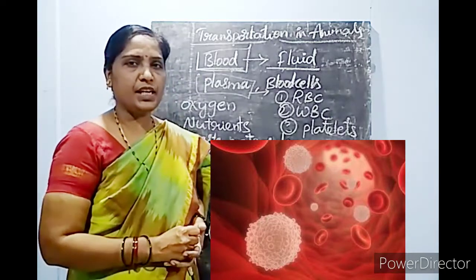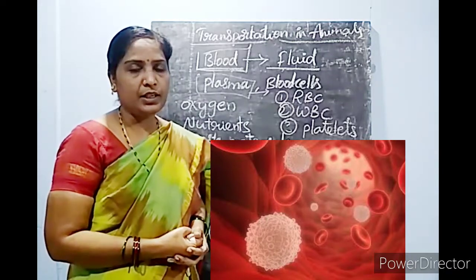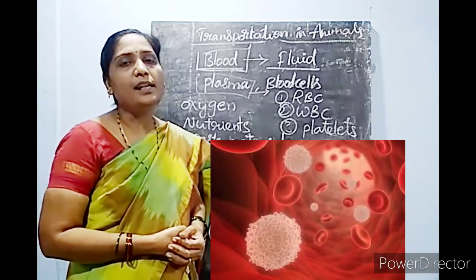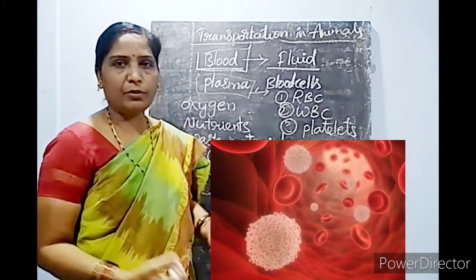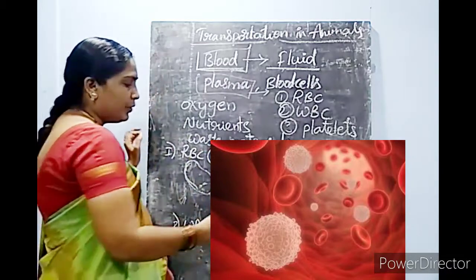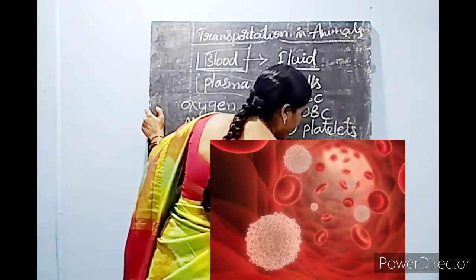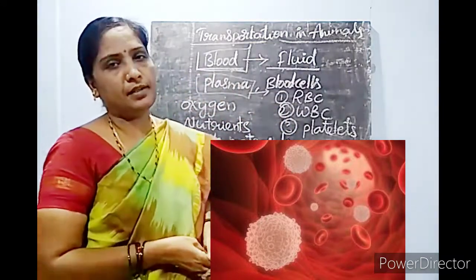They catch the thieves and protect our country and our neighborhood, right? Same way, the WBCs are also acting like policemen in the body. They do not have a particular shape, because they need to travel through narrow blood vessels.